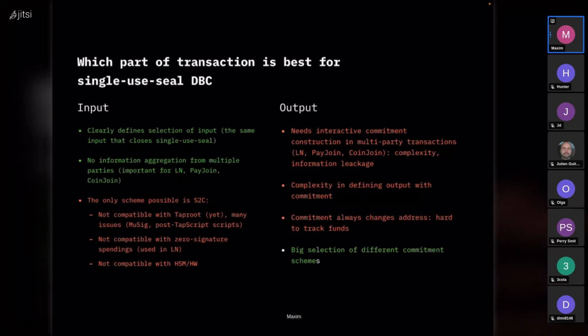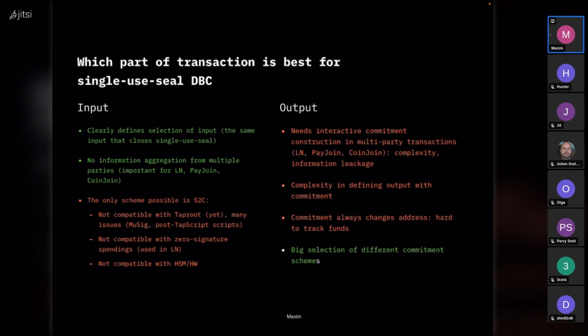So, summarizing the discussion that we had last year, if we have to select the best part to contain the commitment among transaction inputs and transaction outputs, this is an analysis showing upsides in green and downsides in red.